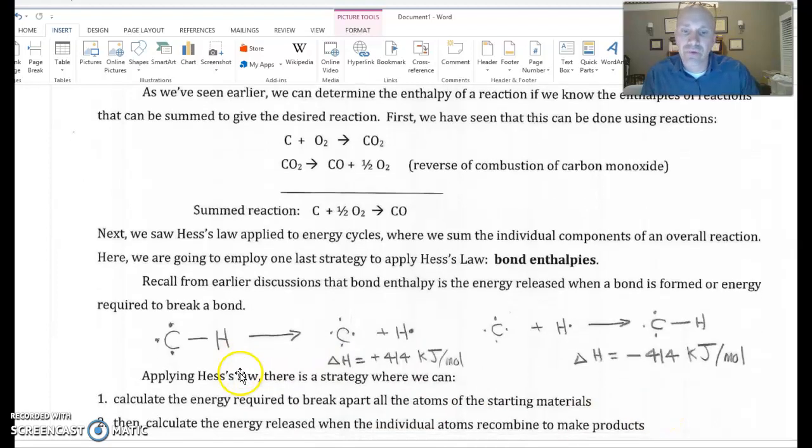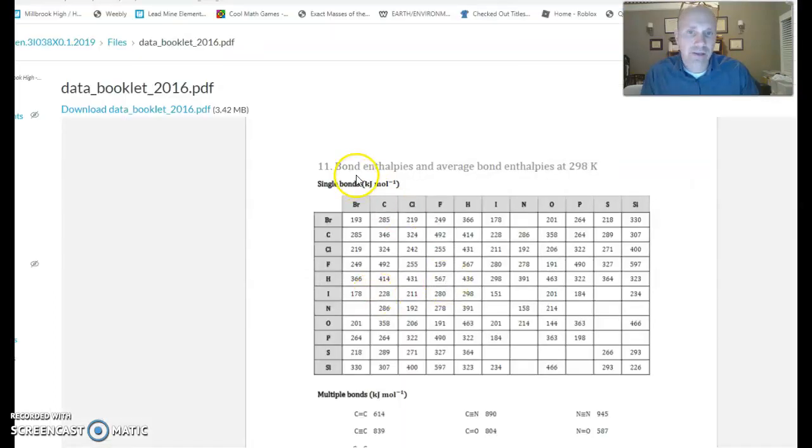So we have information on a bunch of types of these bonds, and these bond enthalpies are found in table 11 of your data booklet. These are all for single bonds right here.